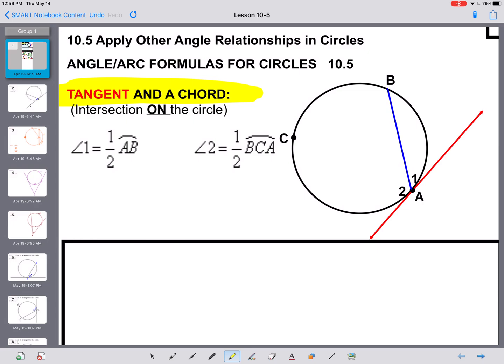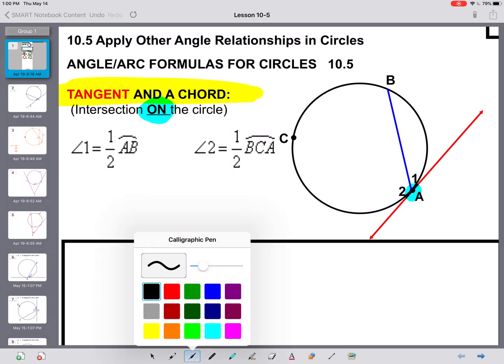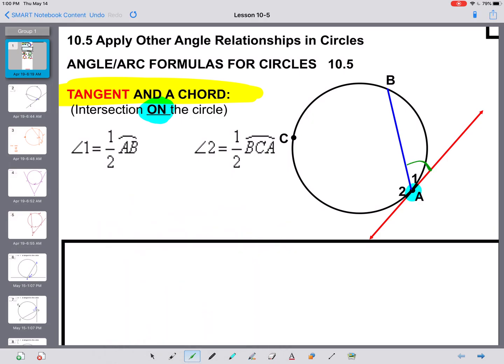And here's the formula. Notice first of all, where do they intersect, the tangent and the chord? They intersect on the circle, right there. The formula is the angle that is formed is equal to 1/2 of that arc that it opens up to.